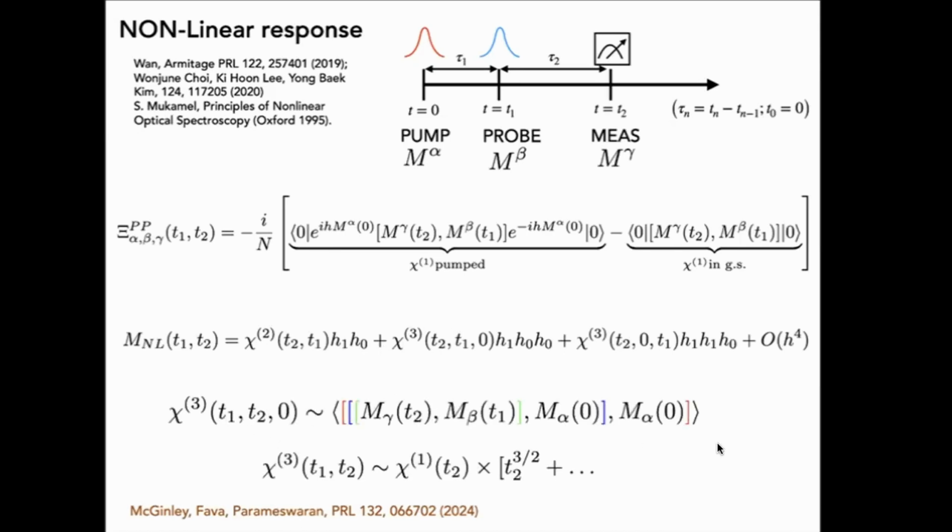Here's the main result: when you look at chi3, it involves these 4 magnetizations now. And you can show that chi3 will have a piece that goes like chi1 times T2, the measurement time compared to the pump and probe. So really, it will depend on this tau 2 as T to the 3 halves.